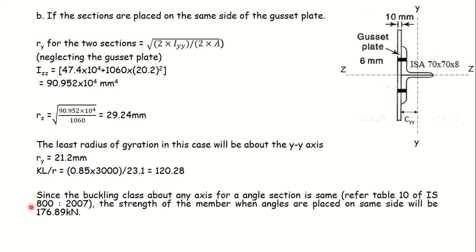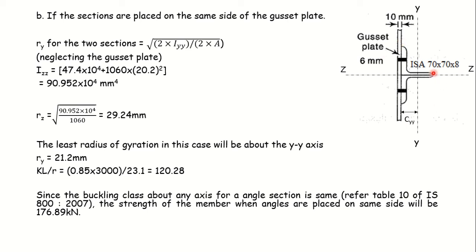There is no change in the load carrying capacity in this particular case, whether they are placed on the opposite side or on the same face of the gusset plate. So you need to determine the radius of gyration about the two axes of the compound section. Out of those two, whichever is least has to be taken in the calculation.